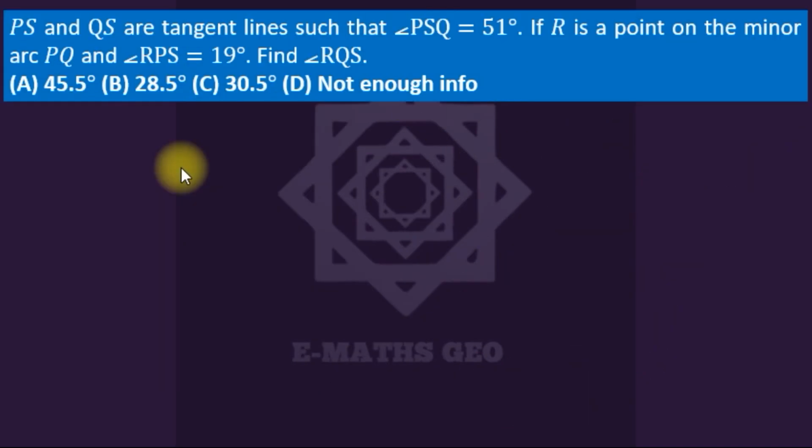PX and QS are tangent lines such that angle PSQ is 51 degrees. If R is a point on the minor arc PQ and angle RPX is 19 degrees, we're asked to find angle RQX. So I have to draw a neat diagram first.